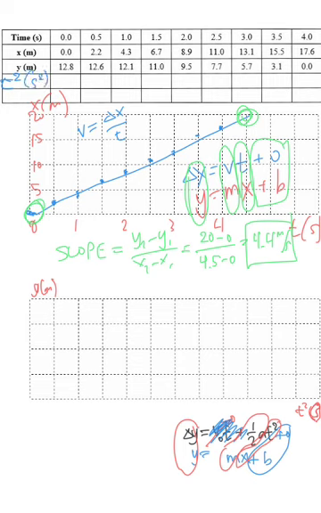So I need to take all the values from the top row and just square them. 0 squared is 0, 0.5 squared is 0.25, 1 squared is 1, 1.5 squared is 2.25, 2 squared is 4, 2.5 squared is 6.25, 3 squared is 9, 3.5 squared is 12.25, 4 squared is 16. Sorry, it's not the best handwriting, but it's all I can do with this tablet.